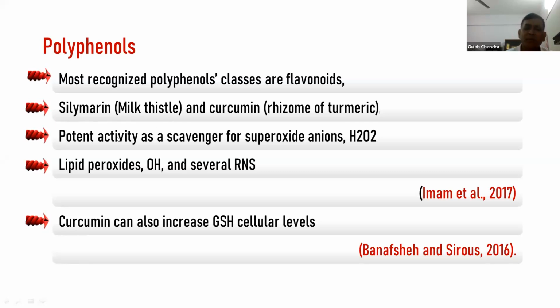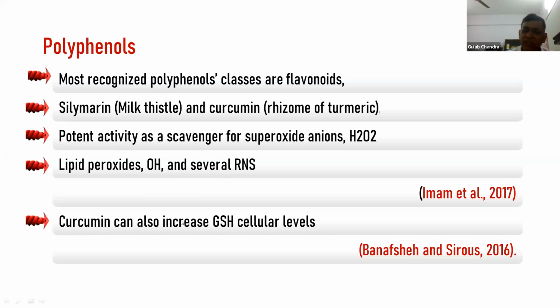They have potent activity to neutralize the superoxide anion, hydrogen peroxide, lipid peroxide, hydroxyl radical, and several reactive nitrogen species.